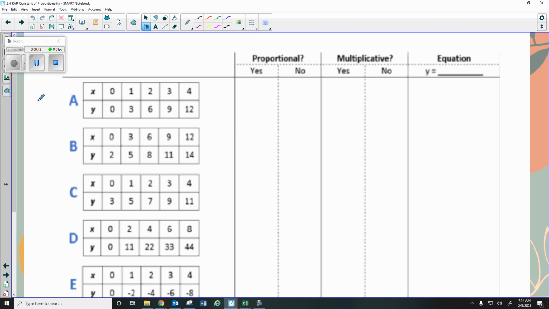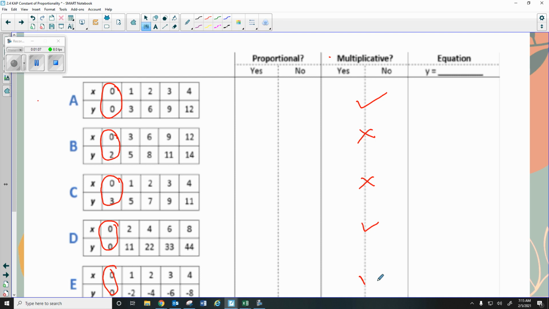Okay, hopefully you remember from like 2 weeks ago, a quick, easy way to tell if something is multiplicative is literally if it goes through the origin, a straight line through the origin. So I can go through the table: 0, 0, yes, it's multiplicative. That one, nope, doesn't go through. Again, same thing, no, it doesn't go through. Yes, and yes.